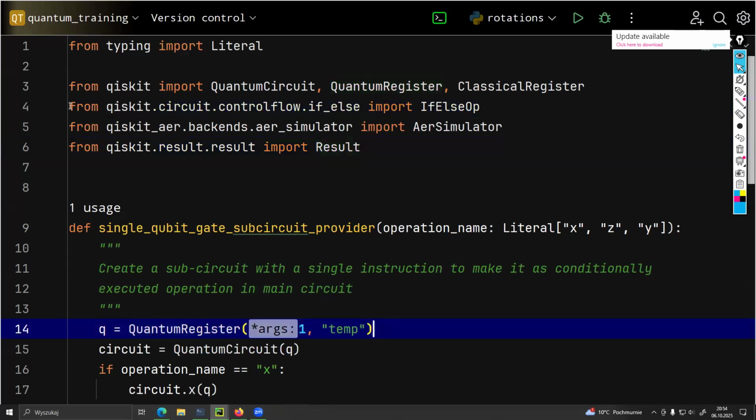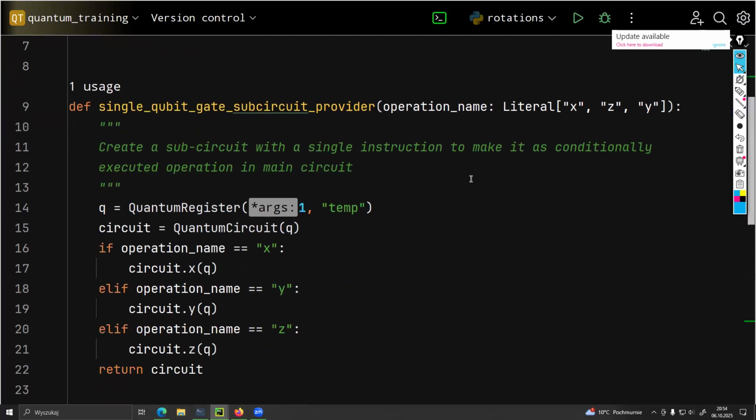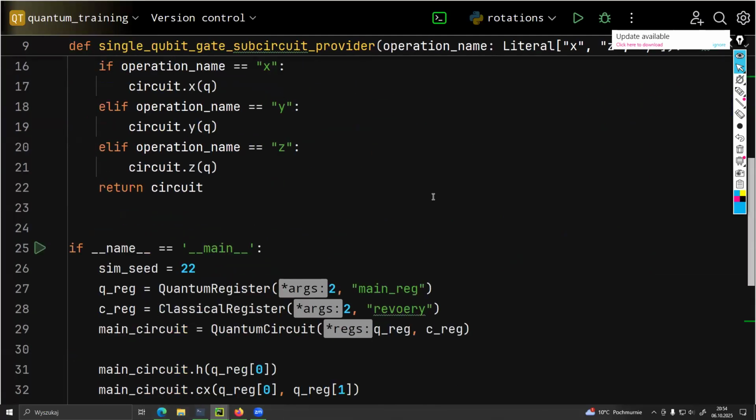This is exactly what the if-else op from the Qiskit circuit control flow module does. This is a special instruction, and it needs to be added to the circuit in some other way, which I will go on to.